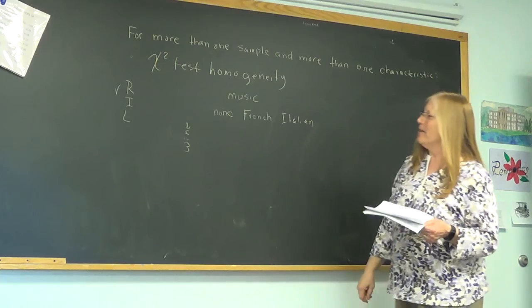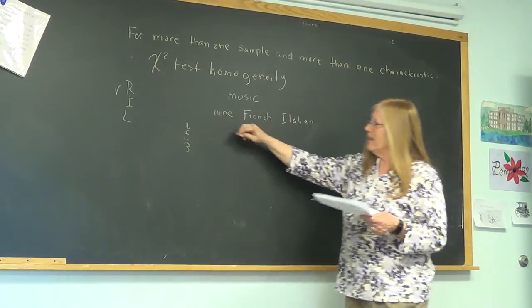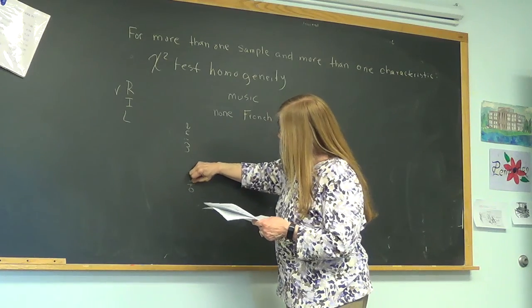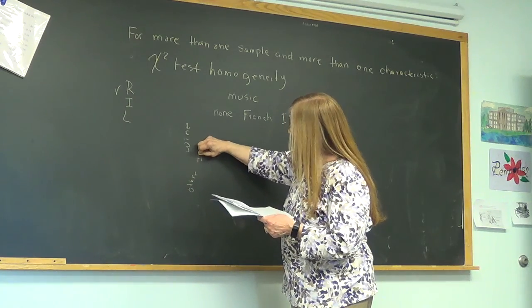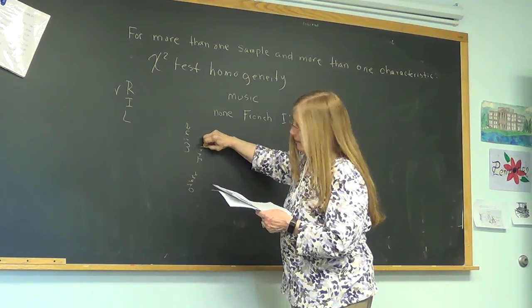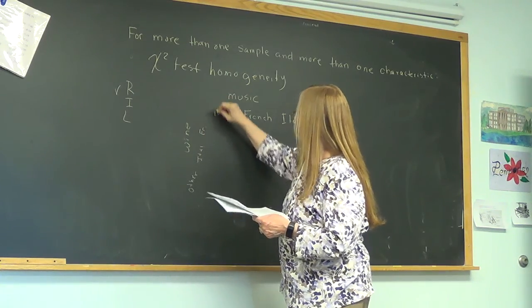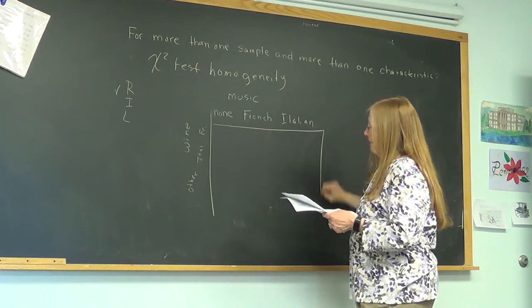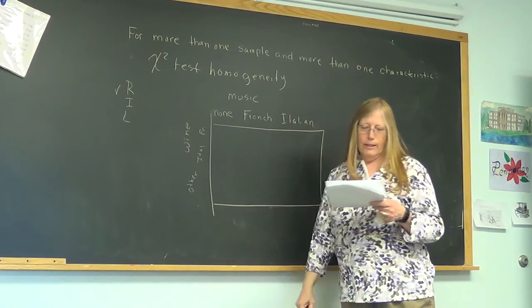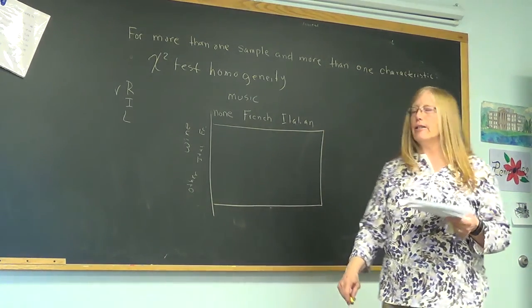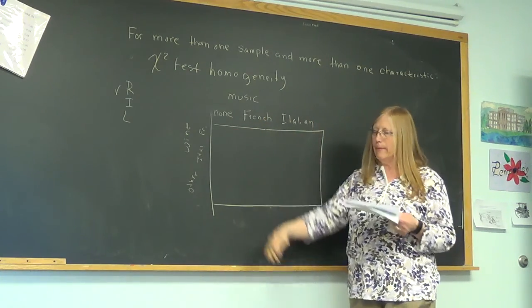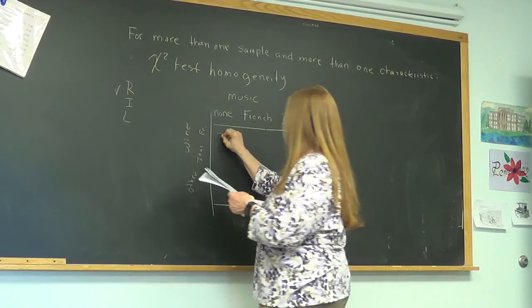So that's the music, and over here, this is the type of wine: other, Italian, or French. So, how many entries will I have? I have 3 characteristics of music.